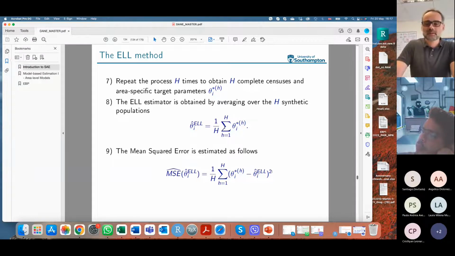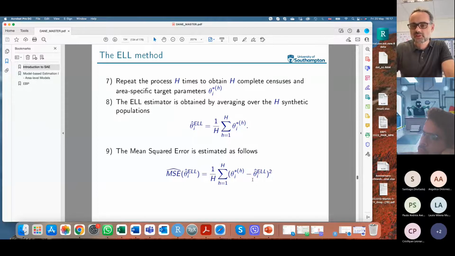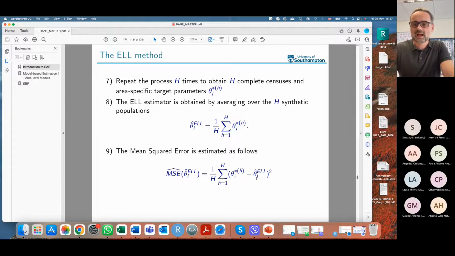Okay, and the way that the paper proposed to estimate the mean squared error is by taking the squared differences of the theta I star h minus theta hat I ELL, squaring it, and then dividing it by the number of iterations that you're using.